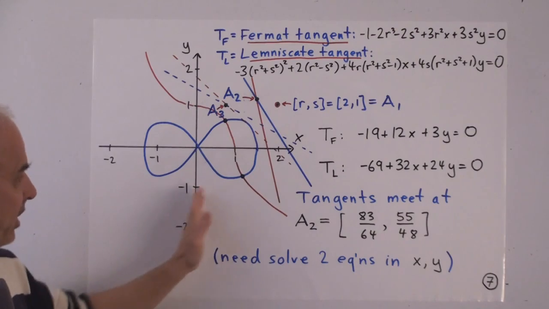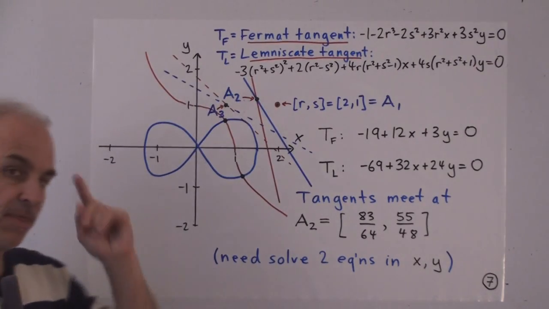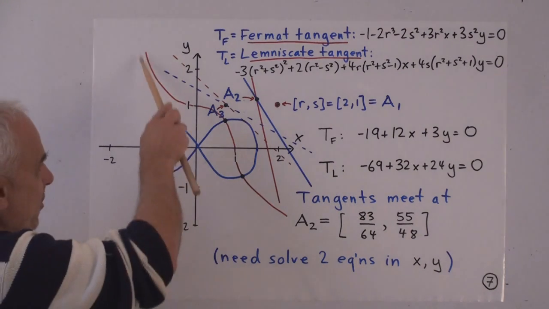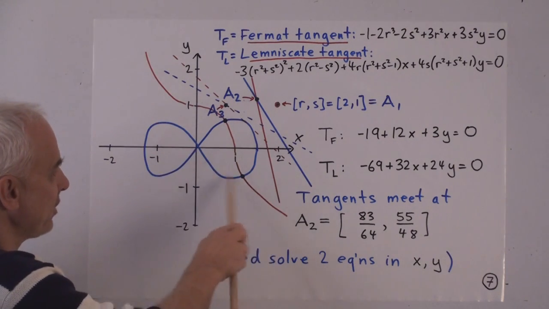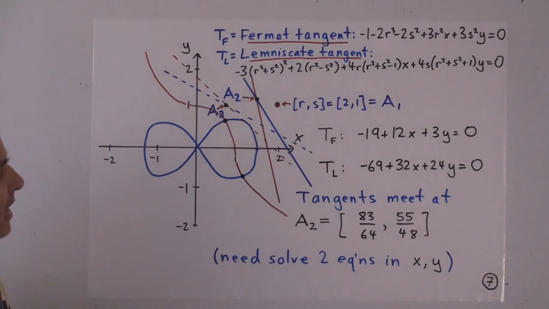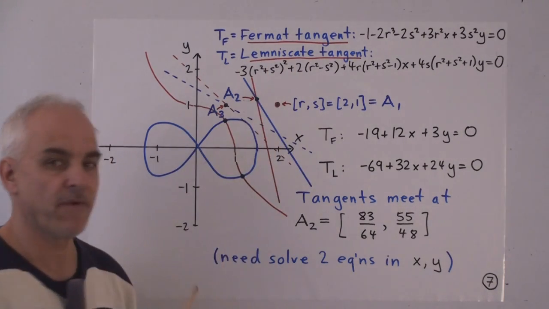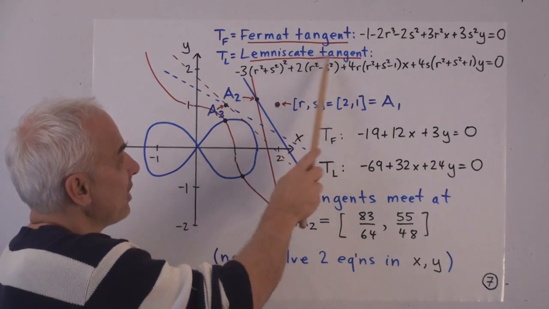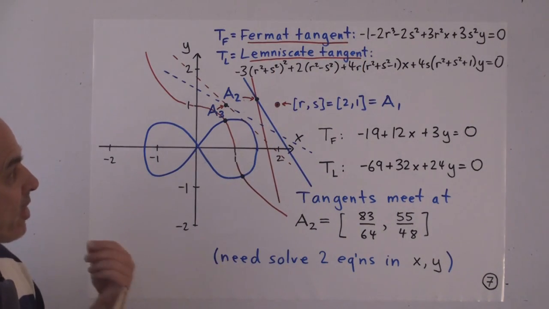The two-dimensional picture we can deal with very easily, but we're going to think three-dimensionally. All right, so there's our Fermat curve. There's our lemniscate. And here are the equations of the first tangents to the Fermat curve and to the lemniscate for a point RS.